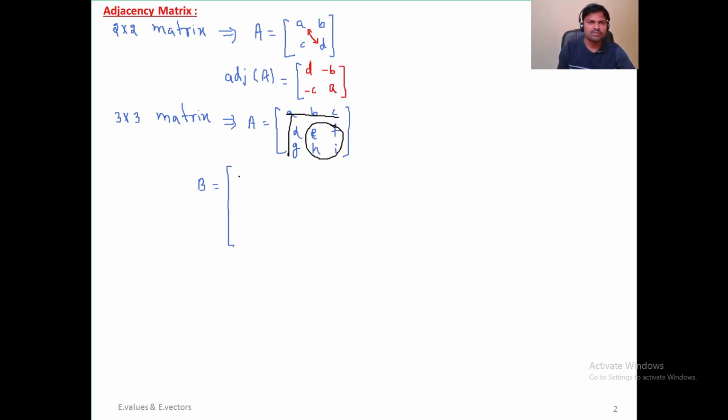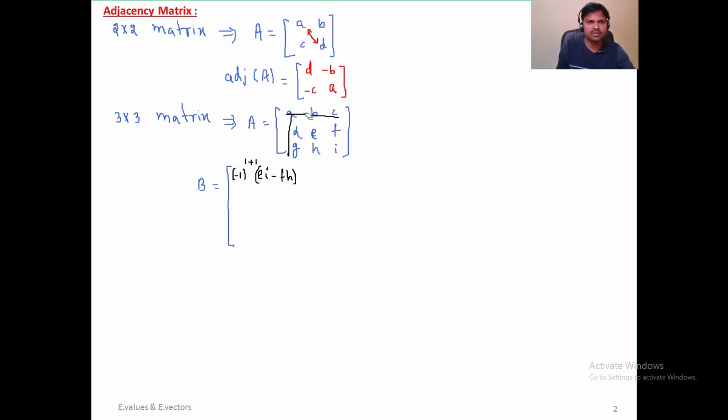So the first entry is minus 1 whole to the power of i plus j, where i means rows and j means columns. What is the address of the first element a? It is in the first row and first column. So first row plus first column, and its determinant is ei minus fh, f into h.